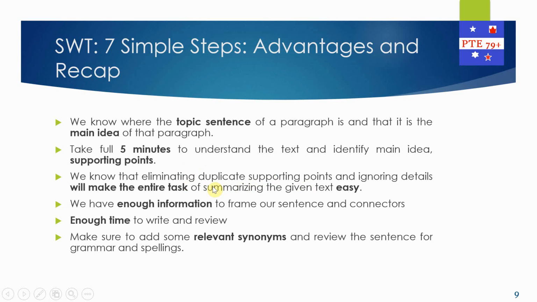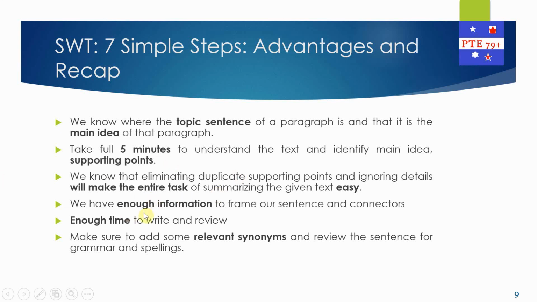Very, very important. As many duplicates as you eliminate, that many fewer points will be there, and that's how you make a sentence shorter. The idea is to make the sentence short. Don't try to write a long sentence. The smaller the sentence, the fewer grammatical mistakes. Just assume it, understand it that way.